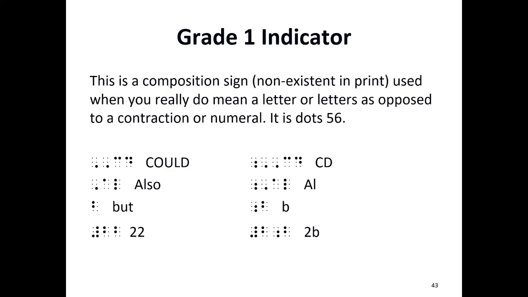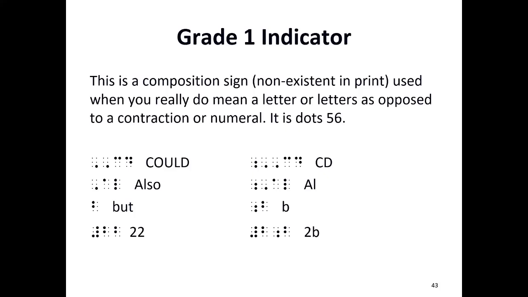For instance, the first example, that's a CD there, preceded by 2 dot 6s in the lower right part of the cell, and that means capital. 2 capital signs in a row capitalize the whole word. So dot 6, dot 6, CD really means the word could in all capital letters.